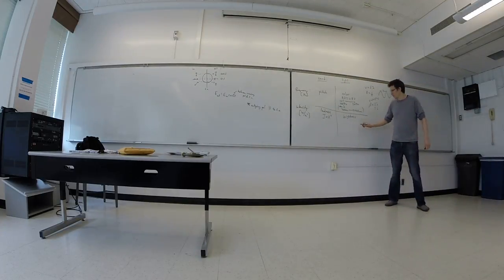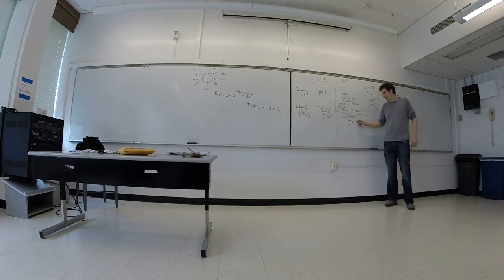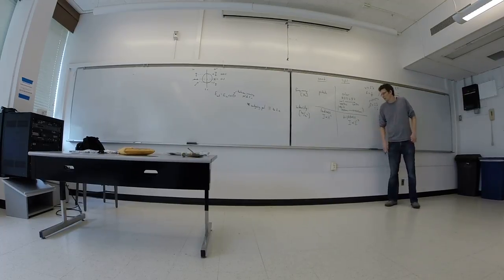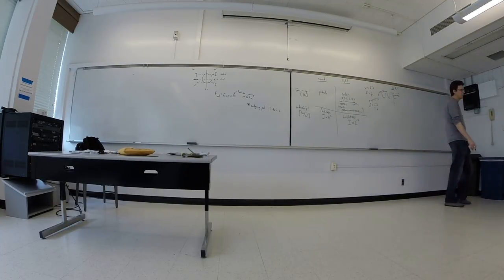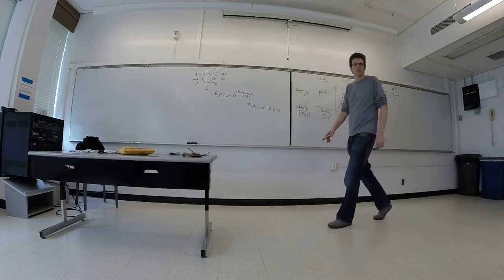So the point I want to make here is that, again, the intensity, which is the brightness that we actually measure, is not directly related to the amplitude, it's related to the amplitude squared.